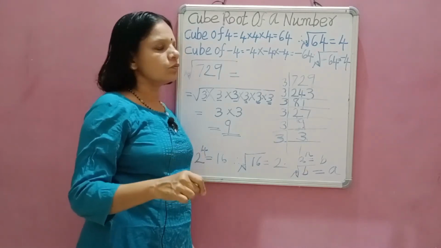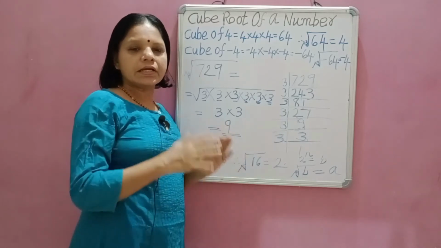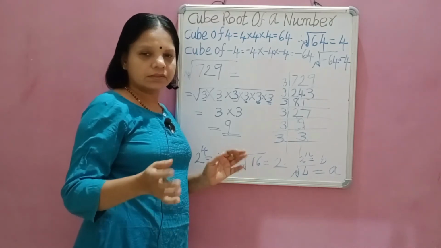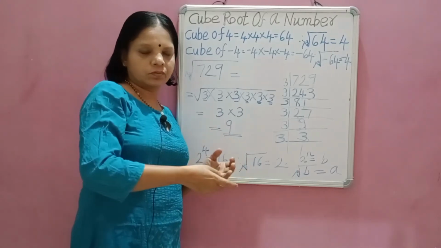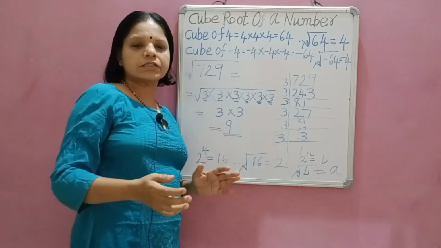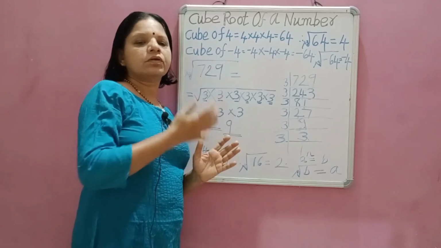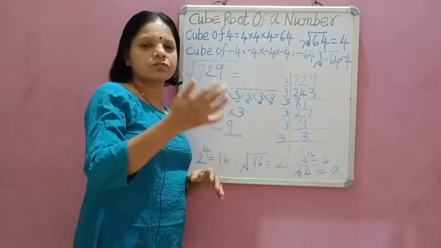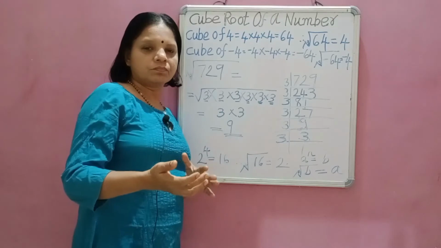So that is about the cube root. Now we will find a common relation between indices and roots. That in detail we will study later. But from this information, we studied square and square root, cube and cube root. From that you will get a general relation between indices and roots. The square, cube are all indices. And how is it related to square root and cube root? It is the opposite process.